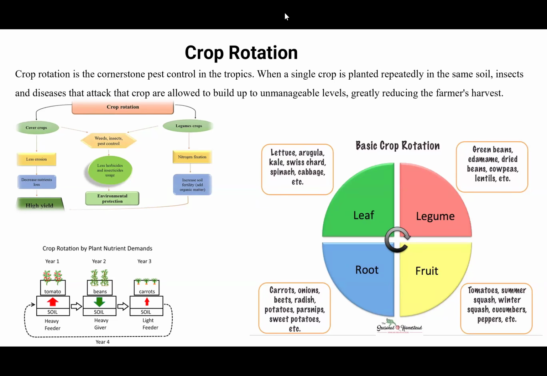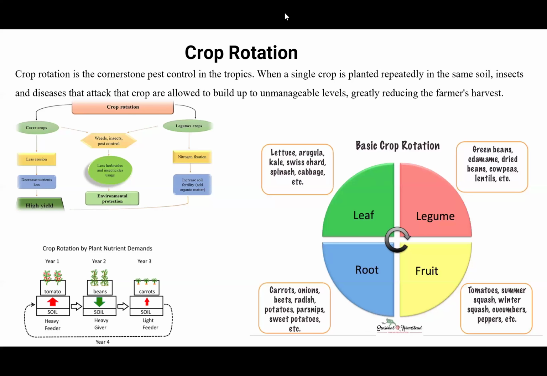All right, so some of the strategies in sustainable agriculture, crop rotation is one. When we talk about crop rotation, we're basically talking about cycling your crop. The cycling of your crop could be for many reasons. One, you just had a heavy feeder and you have to replenish the soil, or you have a crop that is affected by a pest and a disease, right? So you would cycle it.